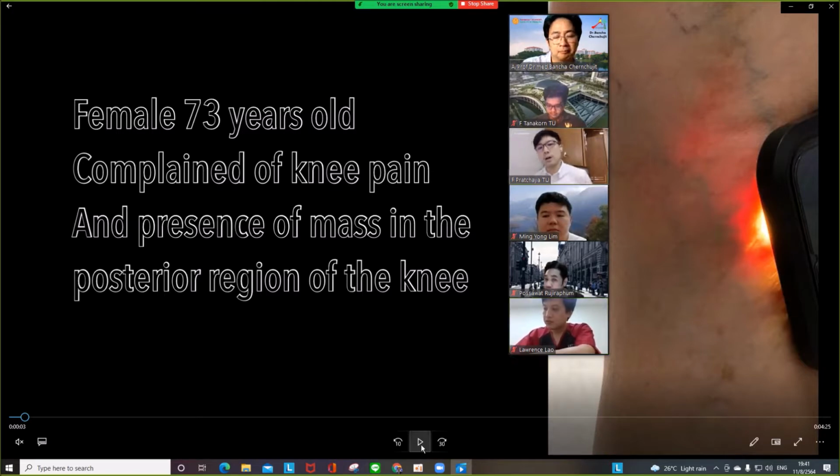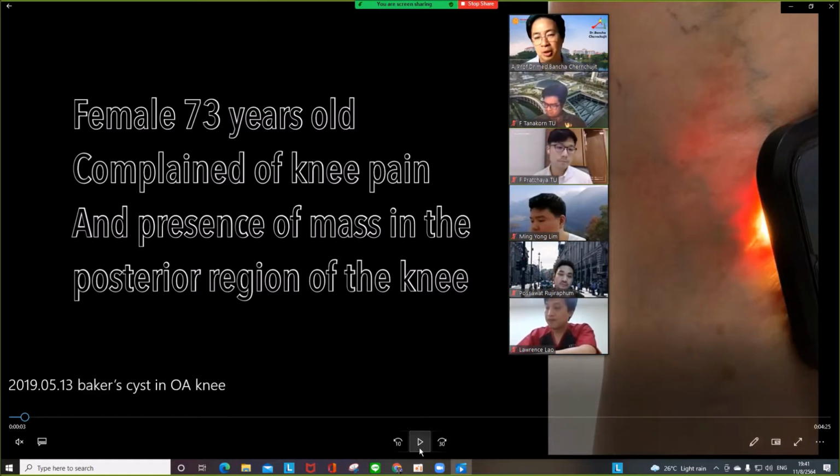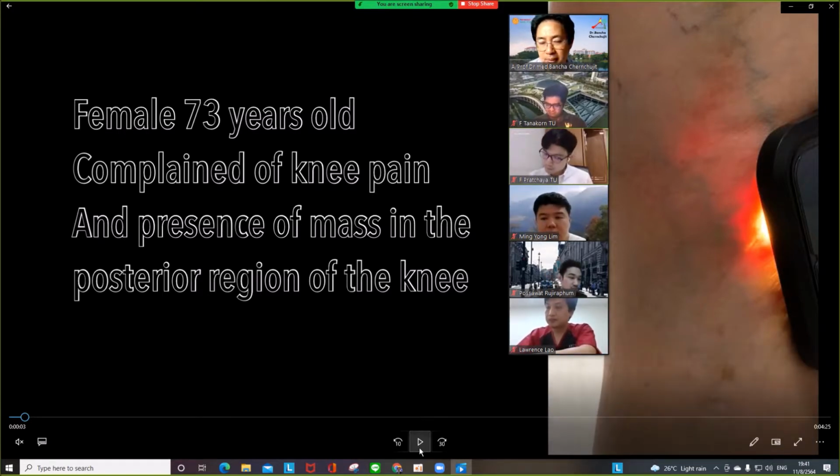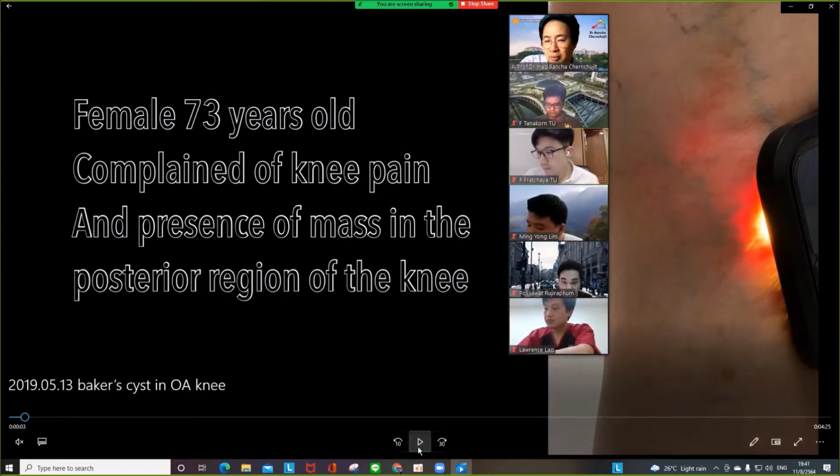I think the meniscus, a degenerative tear of the meniscus, is an associated pathology. Yes. So there are two causes that are commonly associated with the Baker cyst. Number one is the meniscus. Number two is a cartilage problem. Any cartilage problem, or sometimes if the patient has persistent synovitis like rheumatoid arthritis, it produces a lot of fluid, and that may be the cause of the Baker cyst.